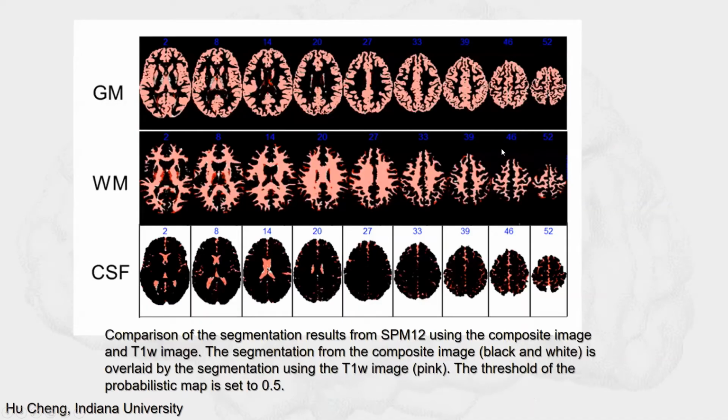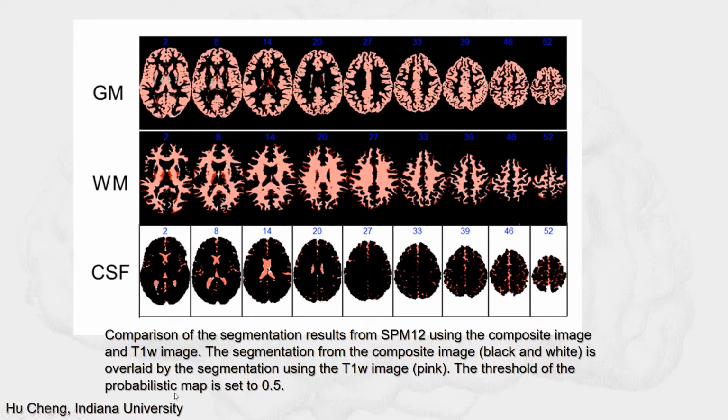Here's a comparison of the segmentation results from SPM12 using the pseudo T1 weighted or composite image and the true T1 weighted image. The segmentation from the composite image is in black and white and overlaid by the segmentation using the T1 weighted image, which is pink.